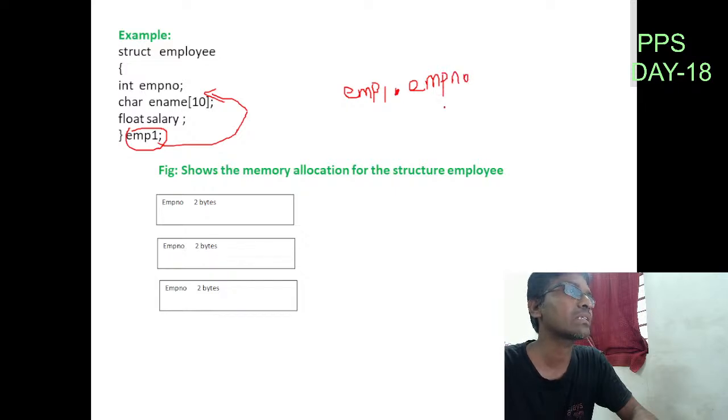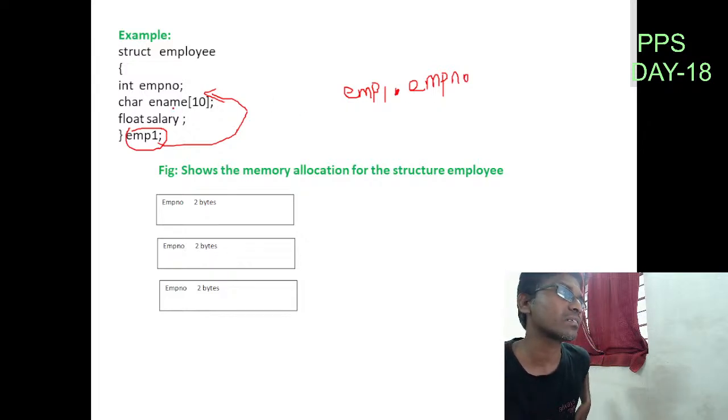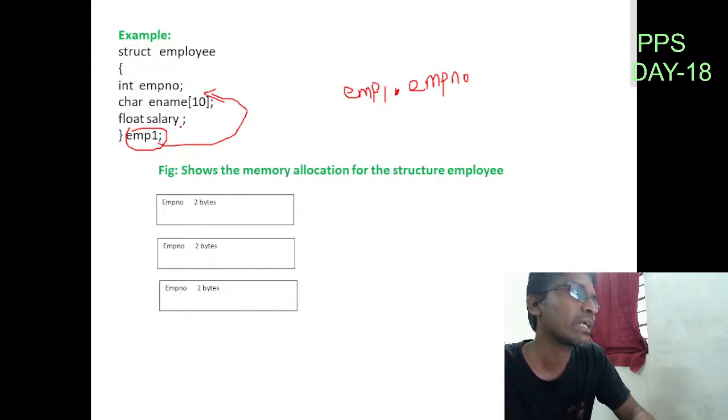Like that, if you want to access the employee name, you write emp1 dot employee name. And if you want to access the salary of the employee, you write emp1 dot salary. So with the help of a structure variable followed by the dot operator, we access the structure members.